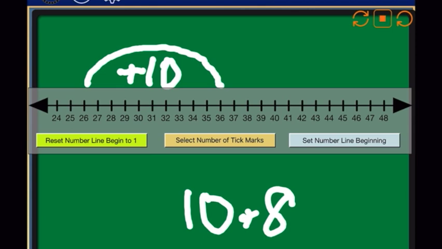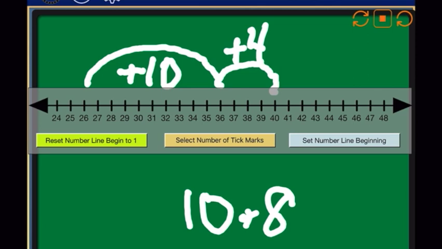And one of the reasons I'm doing that is I know I stopped at 36 and I know 6 plus 4 is 10. So if I add 4, I can get to my next 10, which is 40.